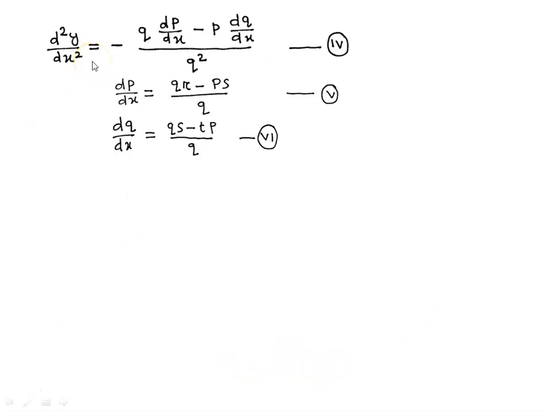We have seen in the fourth equation that the second order derivative d square y divided by dx square is equal to minus (q into dp by dx minus p into dq by dx) divided by q square, and dp by dx is this and dq by dx is this.